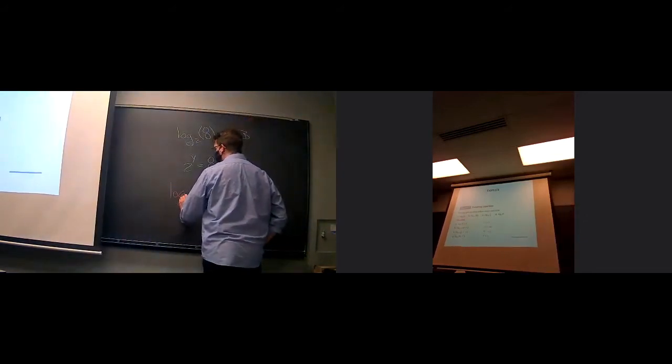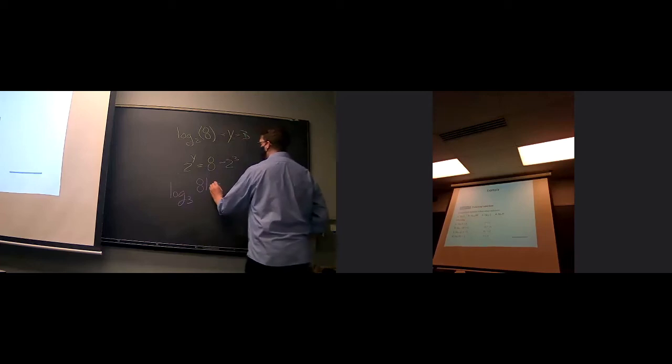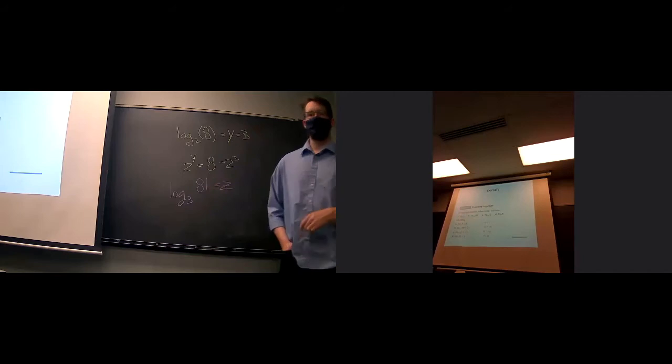Similarly, let me grab another color, keep everything separate. Let's say we've got log base 3 of 81. This thing's going to be equal to, let's use another variable just because, let's call it z.